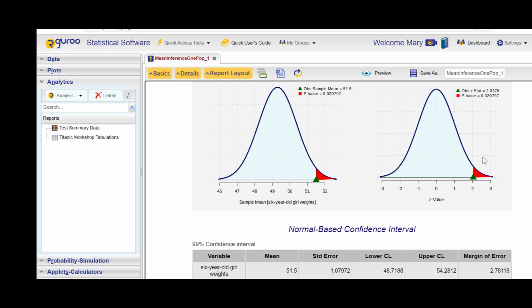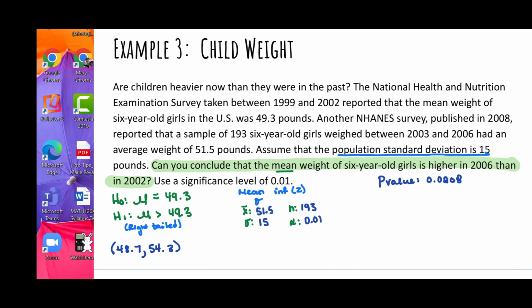All right, so if we're comparing this to our significance level, if you compare this to 0.05, the p-value, it is definitely greater. Actually, no, I'm not comparing it to 0.05, am I? I'm comparing it to 0.01. So 0.02 is greater. If it was 0.05, it would not have been greater, but this is definitely greater.